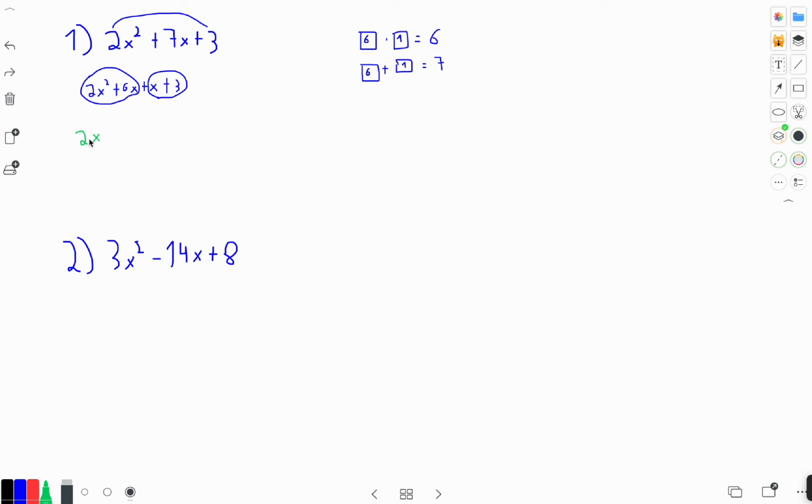If we take out 2x out of 2x squared, we're left with x, and if we take out 2x out of 6x, we get 3. Now x plus 3 doesn't have a greatest common factor, so we're just going to write plus 1 times x plus 3.